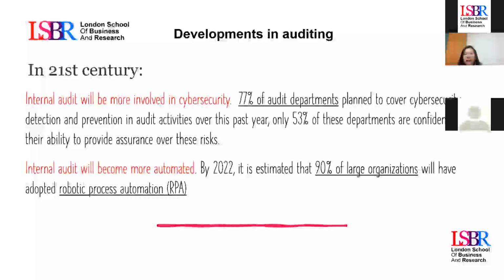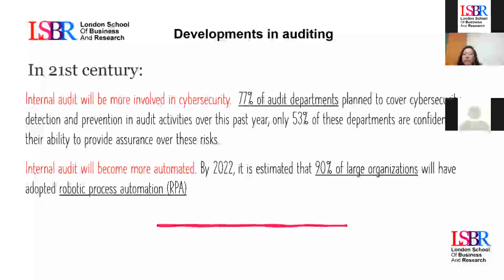And another approach is that internal audit will become more automated. It means that the companies are setting aside the manual controls, and now the companies look to more automated systems. Probably we will always have the risk of human error, but not in an automated system.